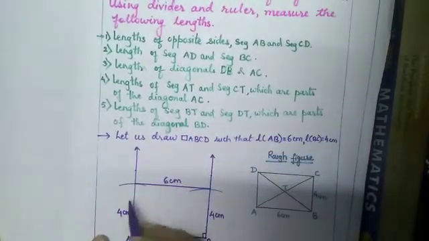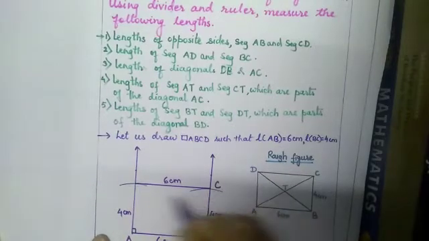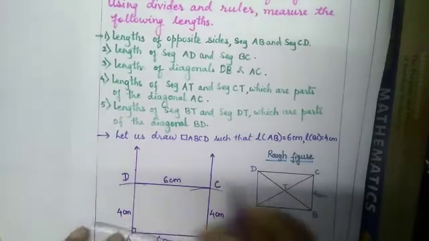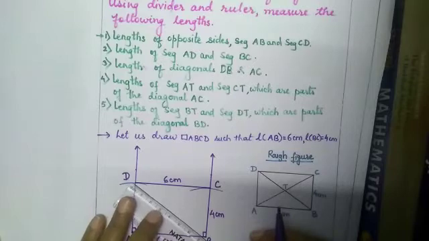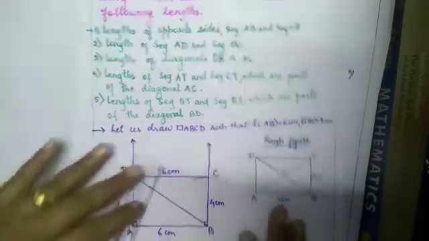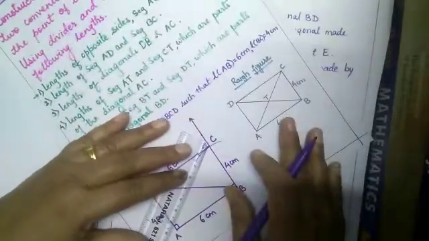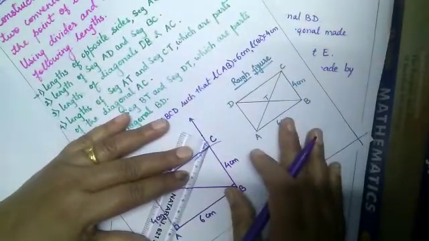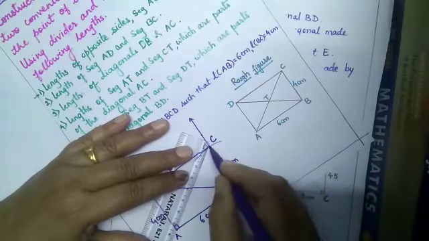Now give the names: this is A, B, this is C, and this is D. Now let us draw a diagonal. Diagonal BD, how much is it? It is 7.3 cm. Let us check: AC is also 7.3. Yes, AC is also 7.3.